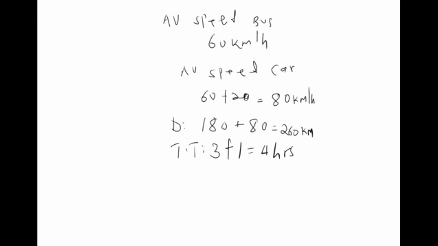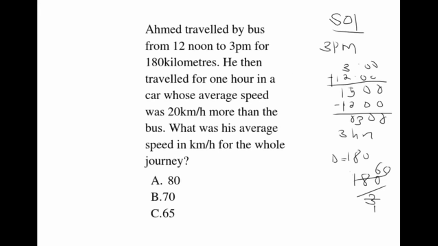Therefore average speed for the whole journey is 260 divided by 4. Distance divided by time taken. By 4, 1. By 4, 65. The average speed is 65 kilometers per hour. Our correct choice is C.